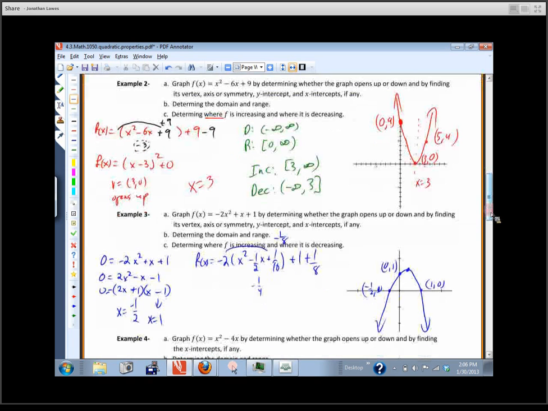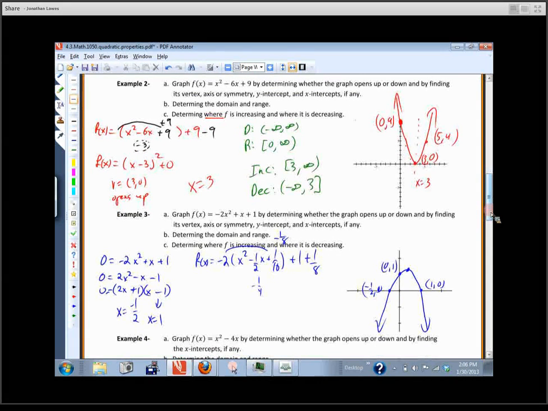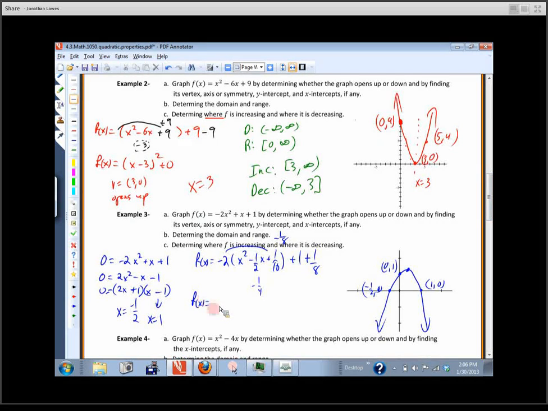What are we really after here? We're trying to find the vertex, right? So if we put this in vertex form, here's what we have. Negative 2. We know it opens down and has been vertically stretched. x minus 1/4. That's why we put this one right here, and I forgot to put my little dotted line around that. So that's minus 1/4. And then plus, what do these add up to? 9/8.